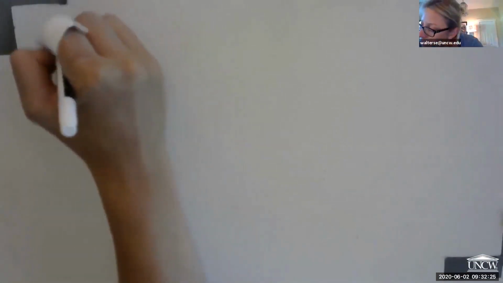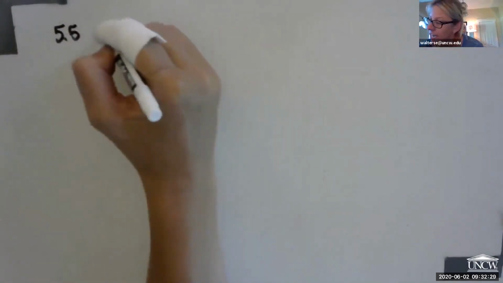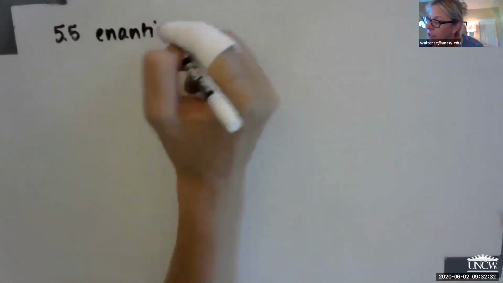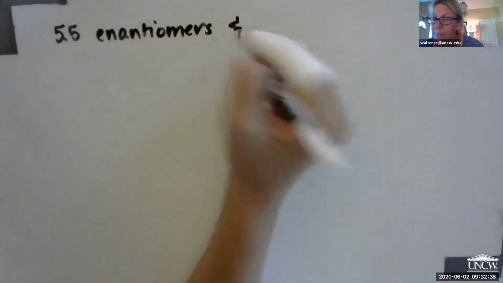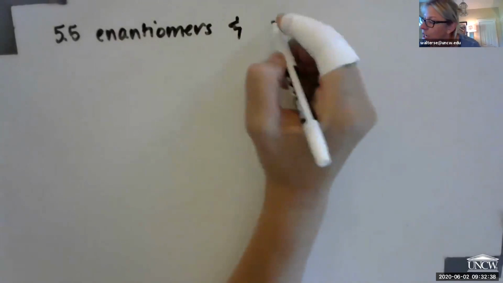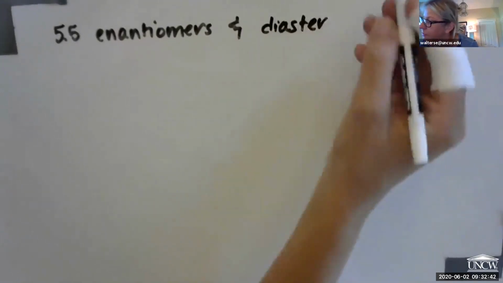All right, so this is 5.5. This section is on enantiomers and a new type of stereoisomer, which is called a diastereomer.